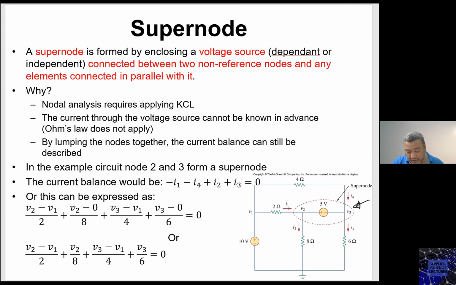I have 1, 2, 3, 4 branches. Those 4 branches are connected to resistors. So when I want to write the nodal equation by inspection between V1 and this supernode, I will call this one Sn.